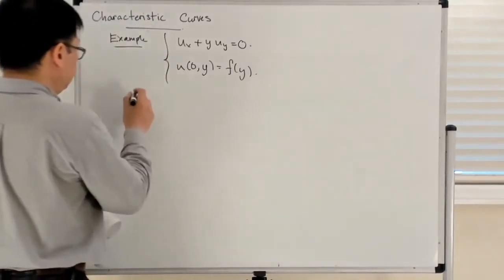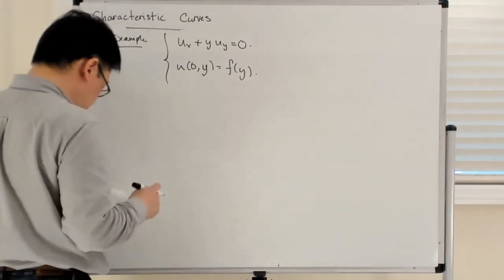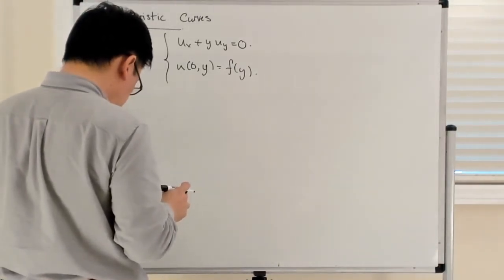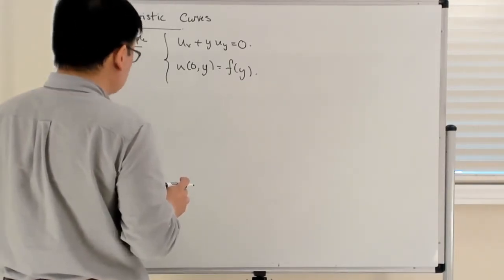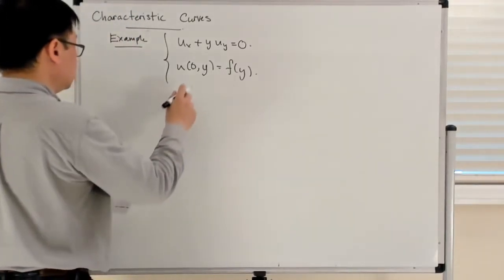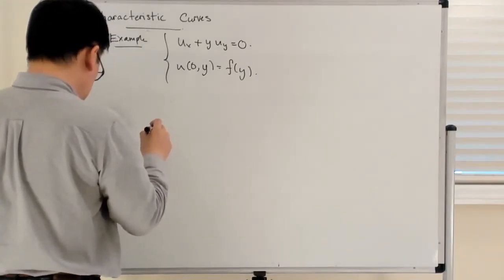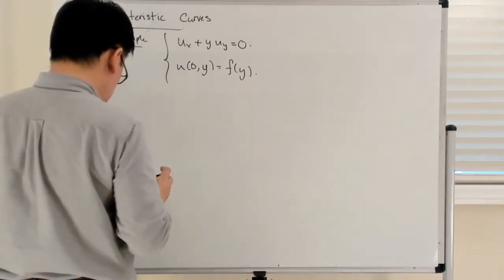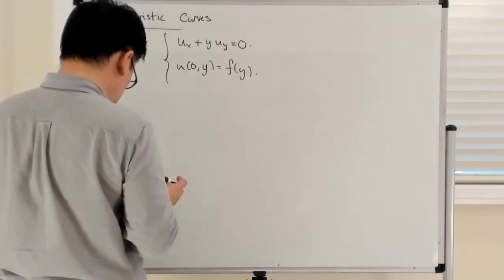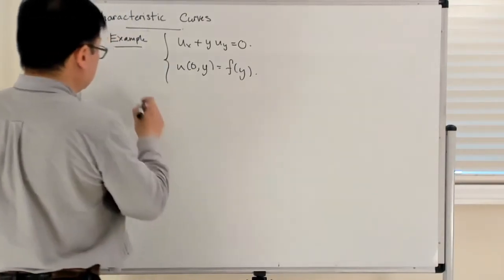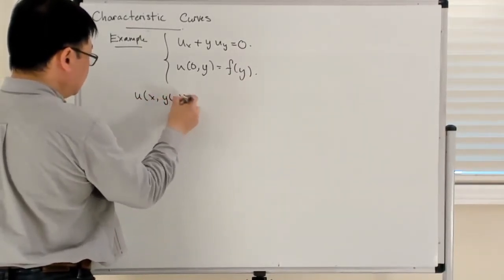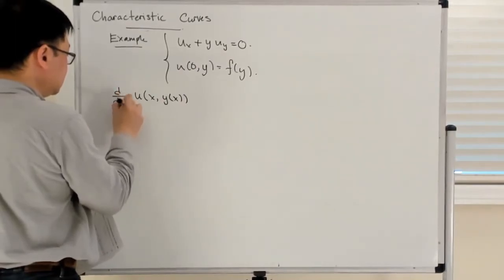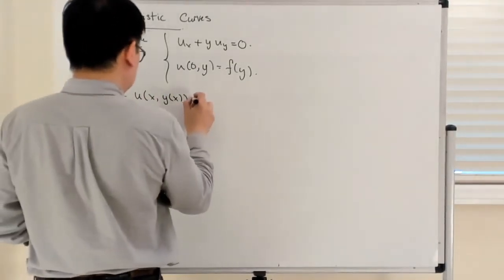So you have u of x, y of x as before, and you want it to be constant along this curve.